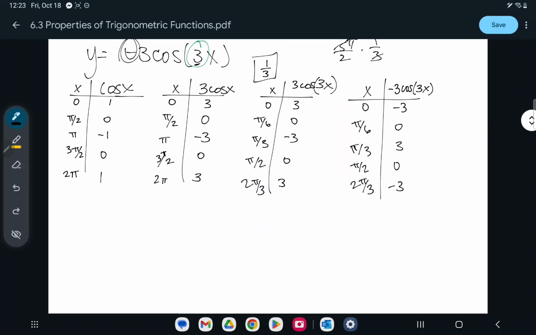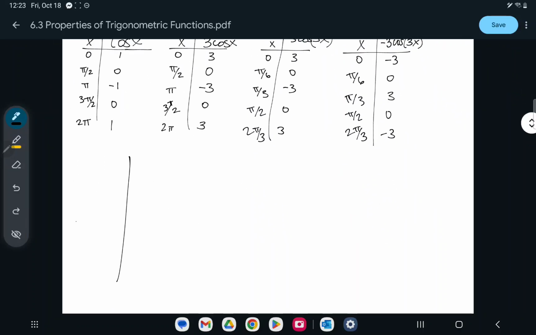So now let's look at what that would look like. So I'll do cosine of x, so the original parent function, in black. So we have 0, 1, 2, 3, 1, 2, 3. We have 0, 1.